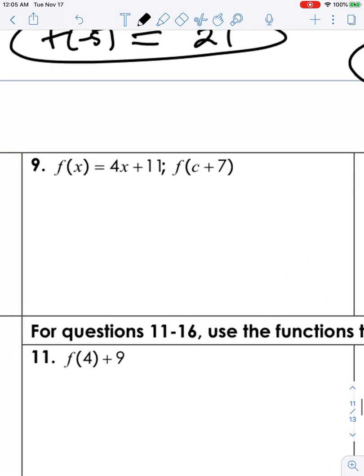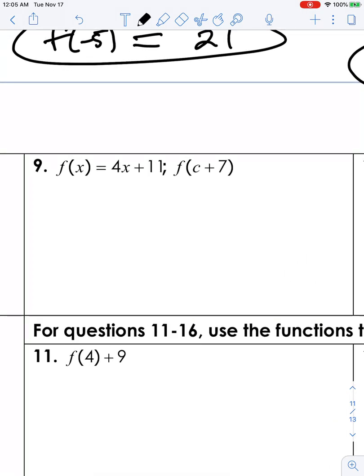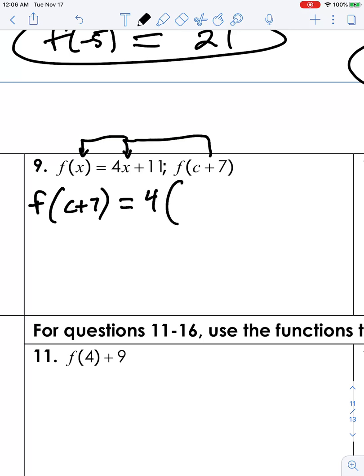All right, number 9. Number 9 is a little bit more complicated. It wants to know what's the answer when you plug in c plus 7 in for x. So f of c plus 7 is going to equal 4, take out the x, put in the c plus 7, like so.